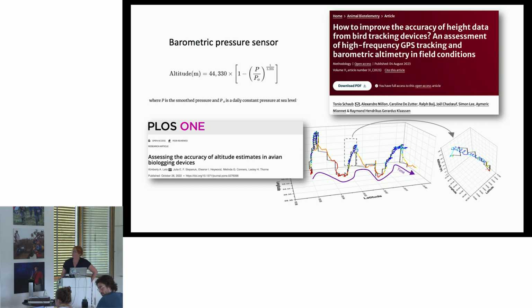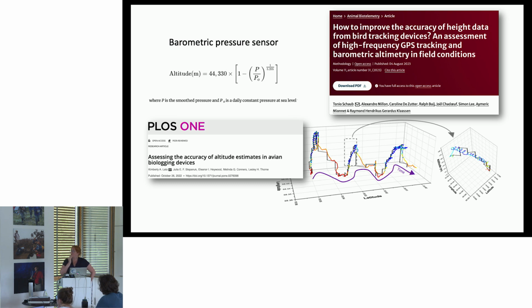The other argument here, to be able to say that it is actually an accurate track, is to use a barometric pressure sensor, because the sensitivity of a barometric pressure sensor, once you've accounted for sea level pressure, which we can get from a lot of local weather stations, is far more accurate than the GPS altitude.